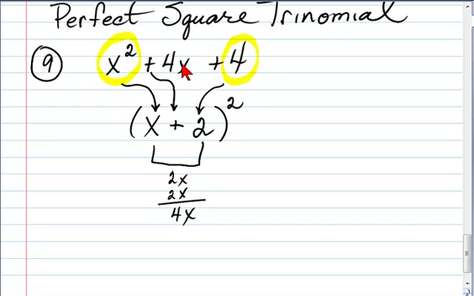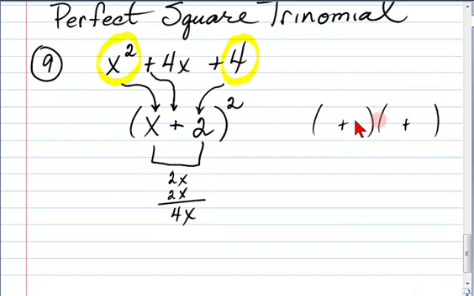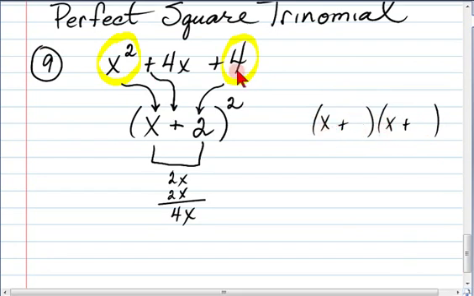If you didn't like doing that, then you could have done double parentheses and said, let me think through all this stuff. The last sign is positive. That means they're both pluses. I know I need an x and an x. I need factors of 4 that add up to be 4. It has to be 2 and 2.